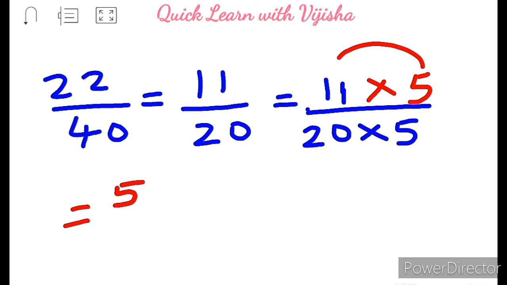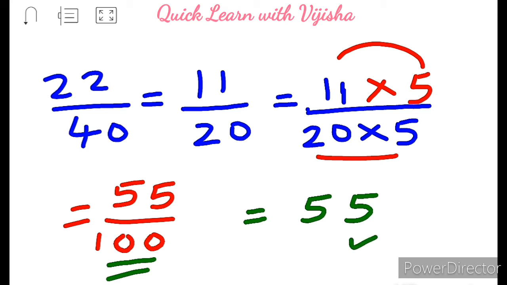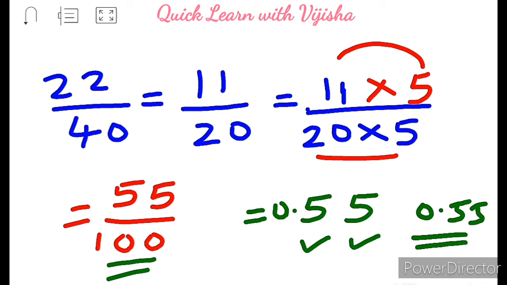Now 11 5s will become 55 upon 100. Now coming to the decimal, your answer is 55. It has 2 zeros. So we will come 2 numbers backward. 1, 2. We will put a decimal over here and we will put a 0. So your answer is 0.55. Understanding children?